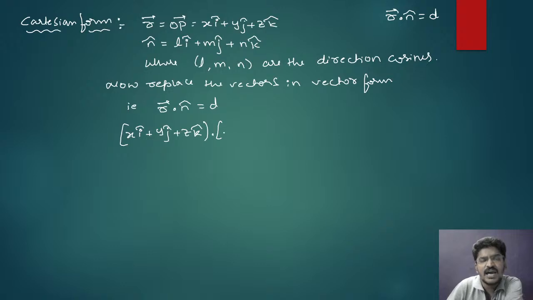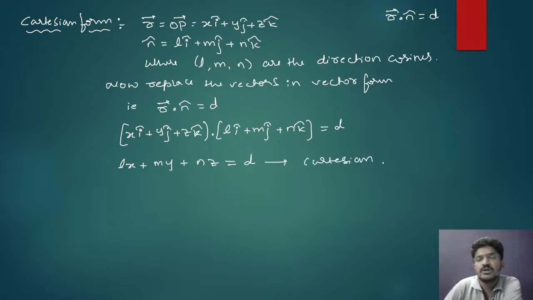Dot with n cap is li cap plus mj cap plus nk cap. That is equal to d. Okay. So now from this you can multiply the terms. That will be L into X plus M into Y plus N into Z equal to D. This is your Cartesian form.